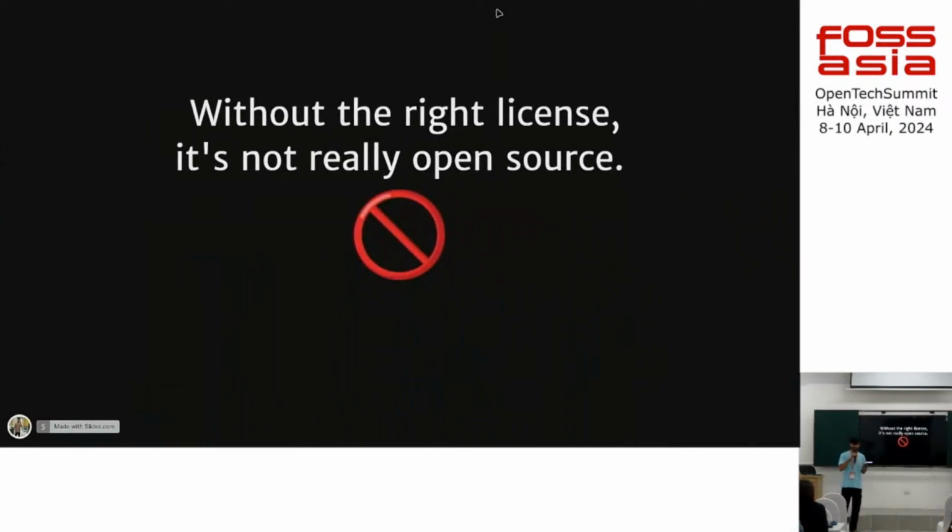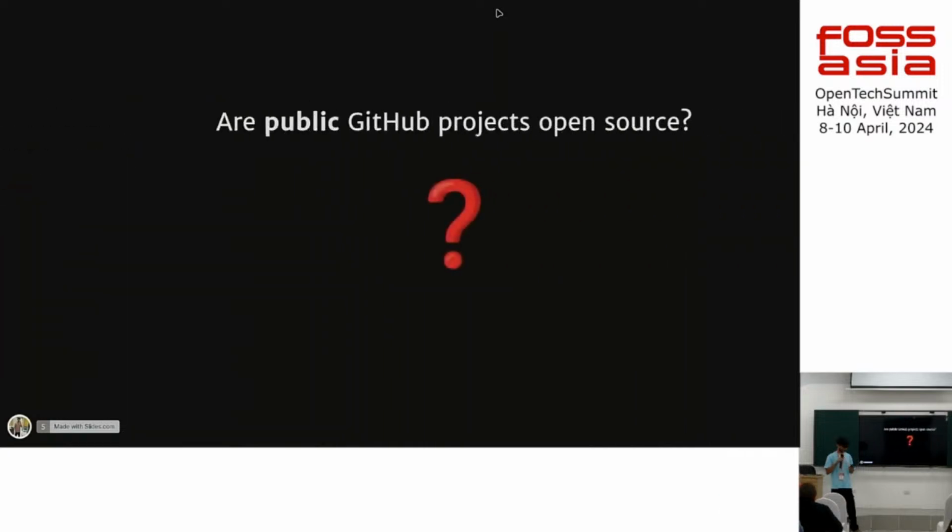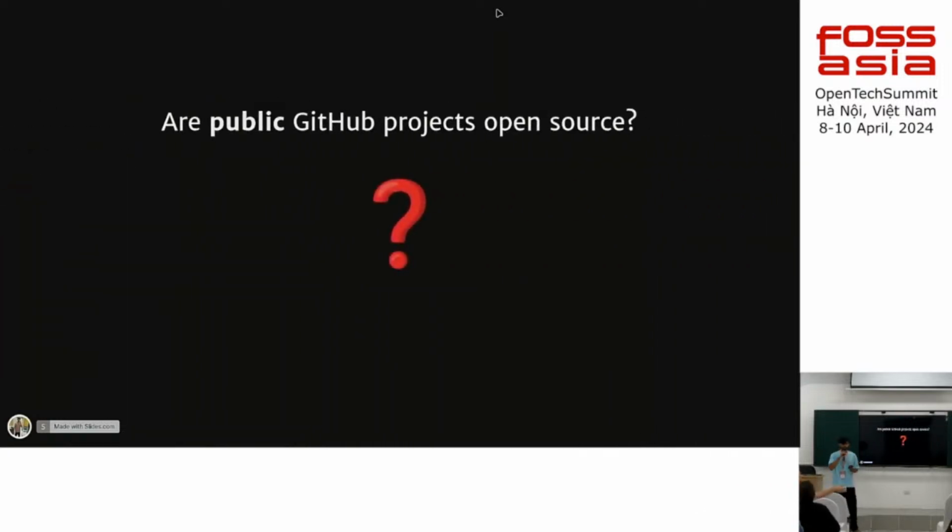An open source license should allow the software to be freely used, modified, or distributed by establishing certain guidelines. And these guidelines are rights and obligations. And if they are not there, then it's not really open source. There's this misunderstanding among new developers that if they just release their project on GitHub, then it becomes open source.